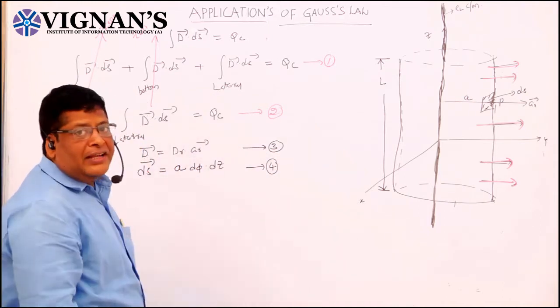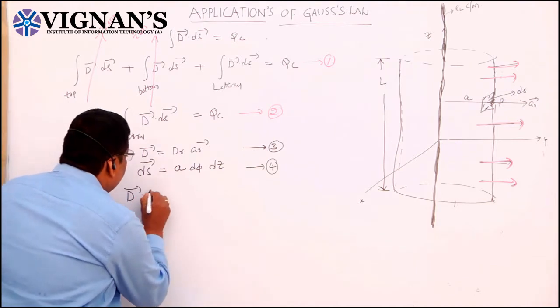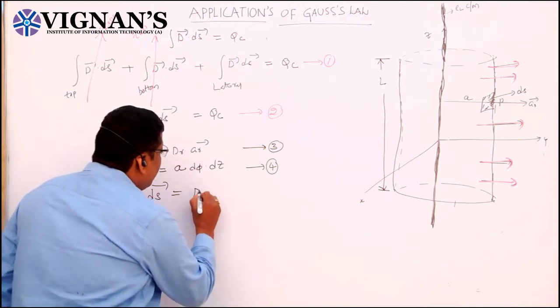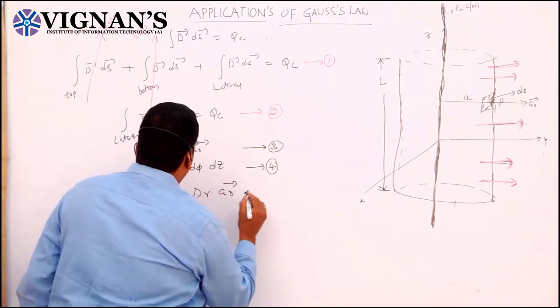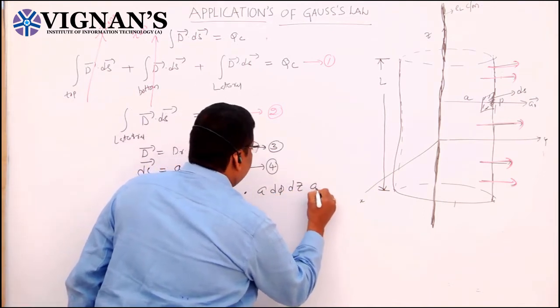Now we are finding the dot product between these two. D bar dot dS bar equal to D_r a_r bar dot a dφ dz a_r bar.